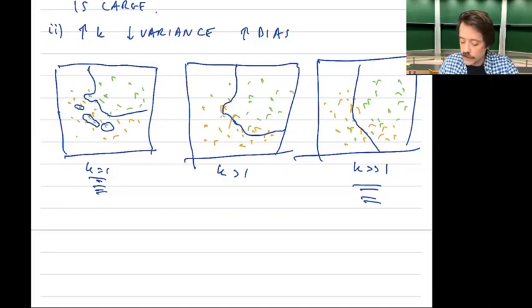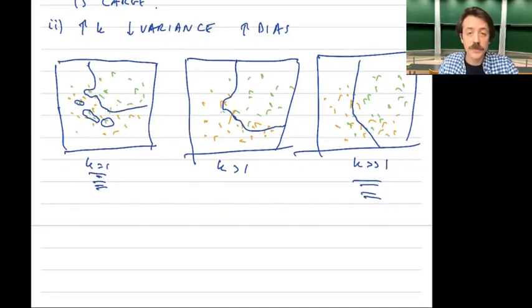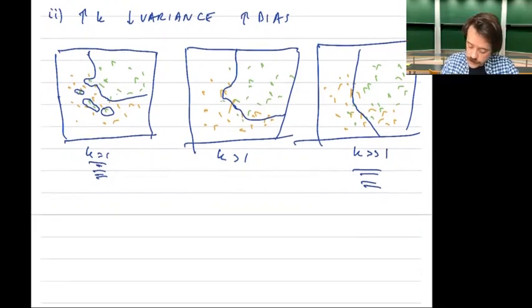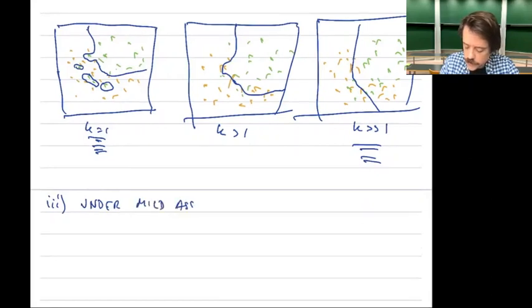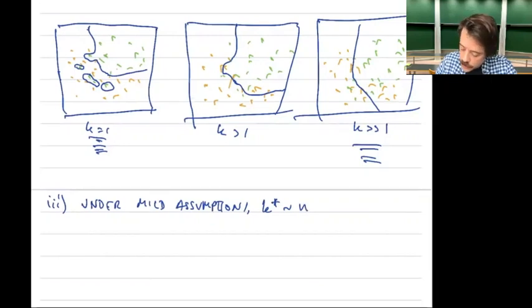Is there an optimal k, if at all? Let me just mention that under some mild assumptions, we have that k star is of the order of n to the power 4 over p plus 4, and this is asymptotic.